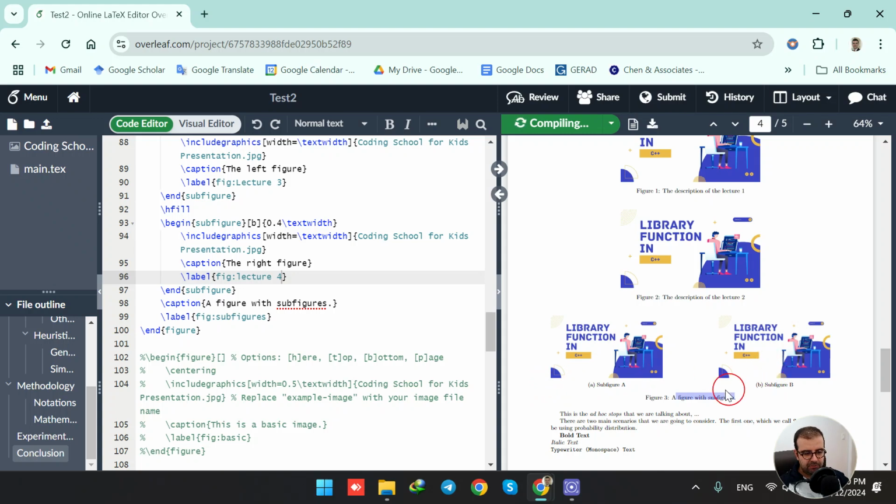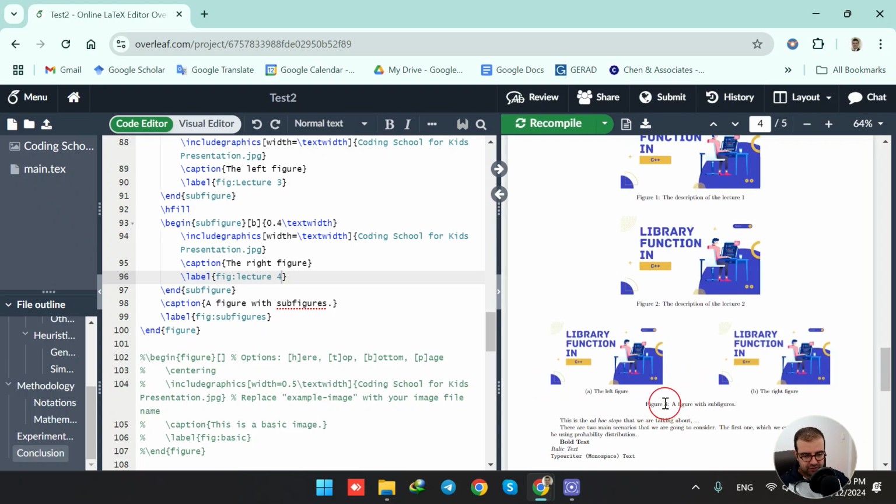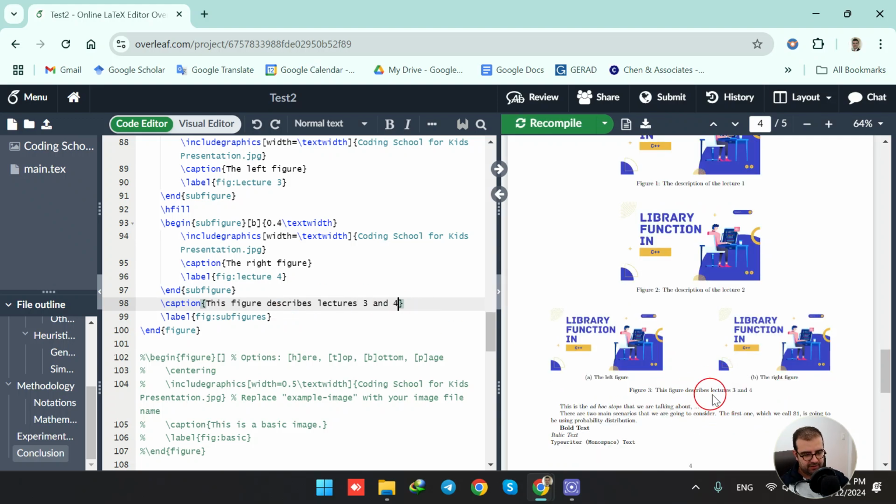So when I recompile, you see that figure 3 is having A, that is the left figure that we wrote here, and we have figure 3B, that is the right figure here. And I could say this figure describes lectures 3 and 4. So when I recompile, I see it here.